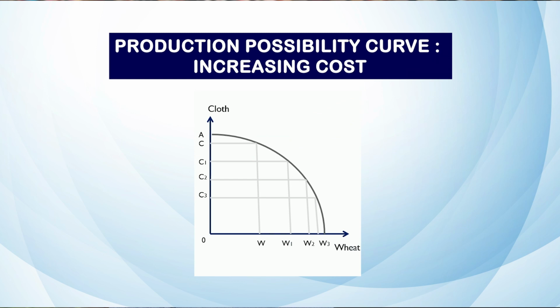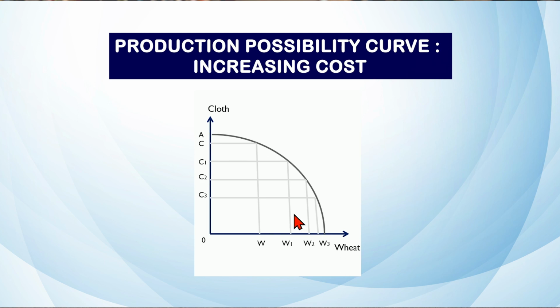The point is that if I move from point A, from left to right, along this curve, what is going to happen? For the time being, let us assume that AC is equal to CC1 is equal to C1C2 is equal to C2C3. What does that mean?